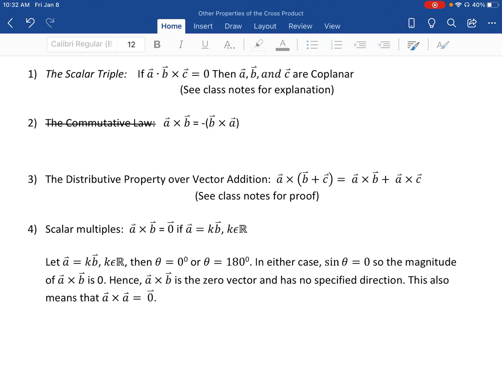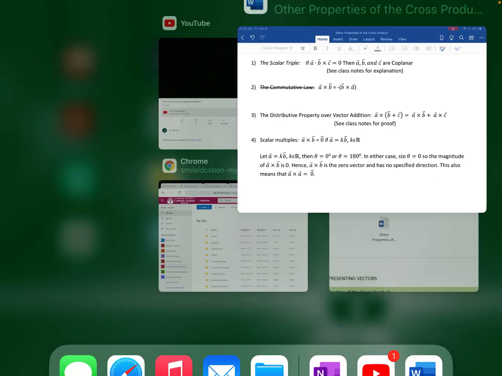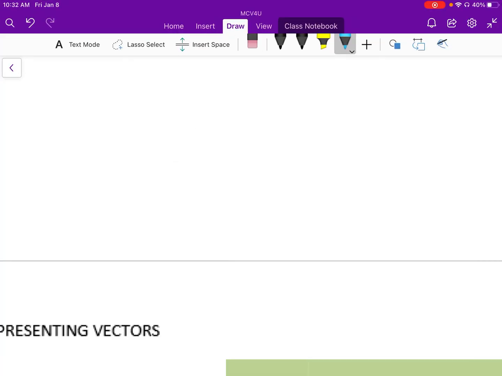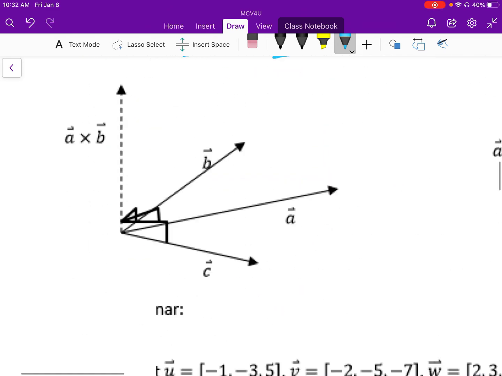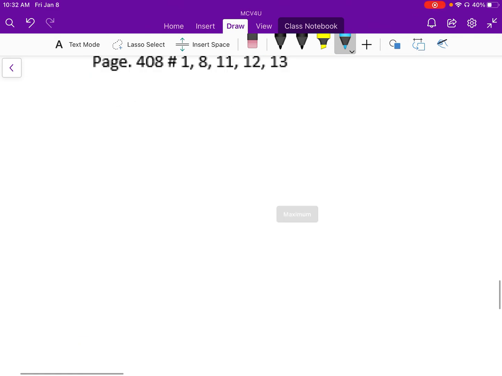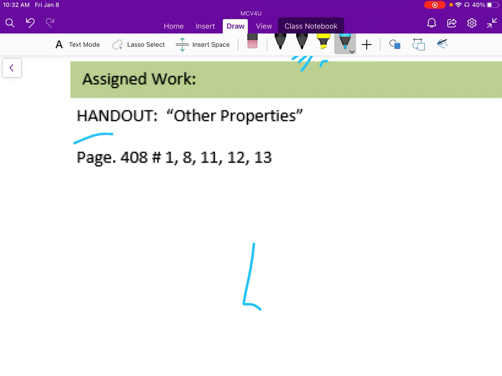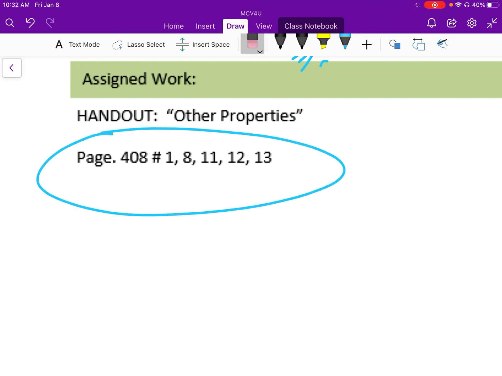It's basically because the sine of 0 or the sine of 180 degrees is 0, okay, at the end. So the magnitude is 0 and it basically has no specific direction. Okay, so that's what we have there. So you can take a look at those, work yourself through the questions that are here at the bottom of the page. All right, and good luck.